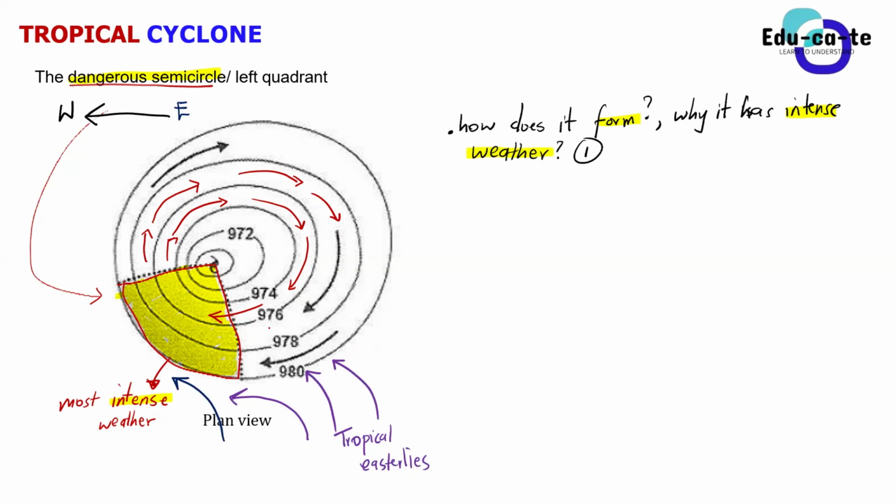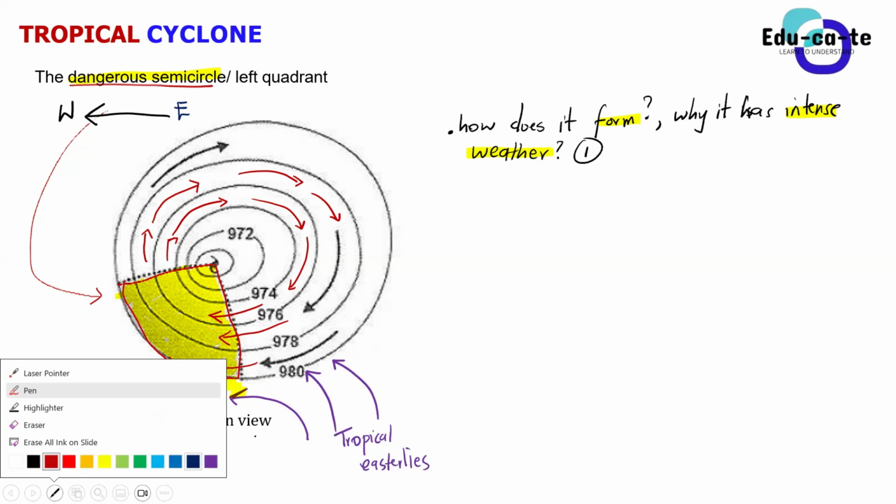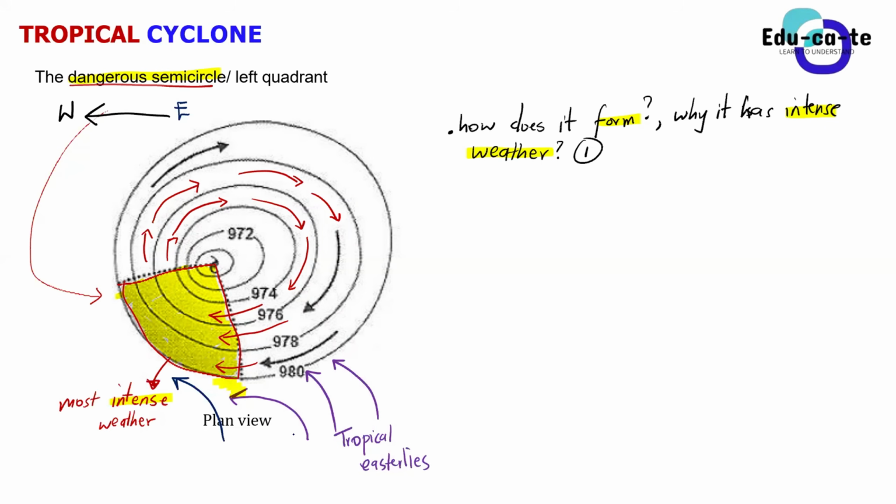These clockwise rotation winds within the cyclone can meet, or actually collide, with these other winds, which are the tropical easterlies. And when they collide, they actually collide into the left hand quadrant, or the dangerous semicircle.